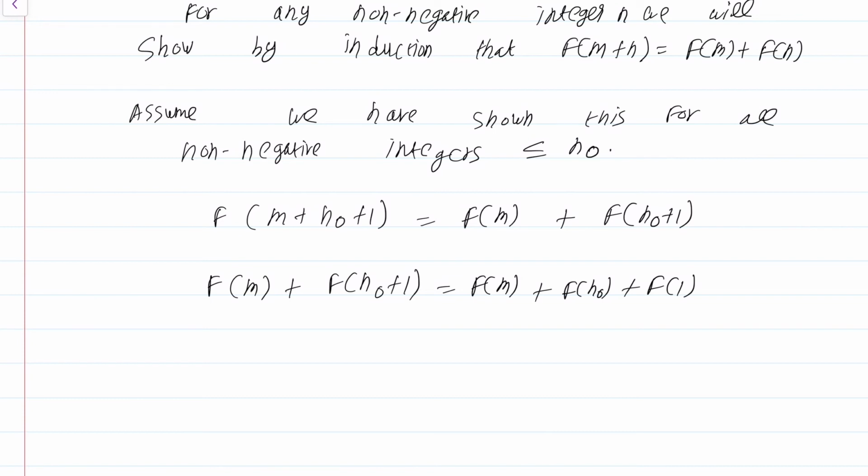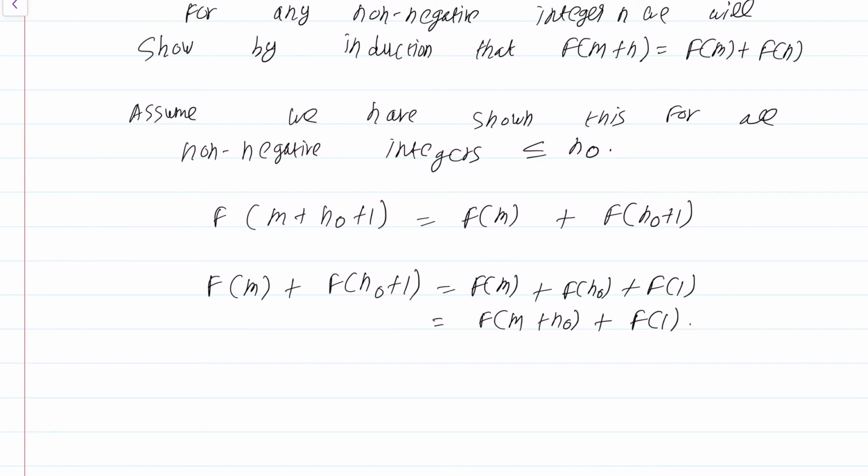This is not the inductive hypothesis, sorry about that. This comes from the fact that whenever you have one of the quantities to be 1 or 0, then the algebraic operations are respected. Now for this to proceed with the proof, what we will do is we will write this as f of m plus n naught plus f of 1.